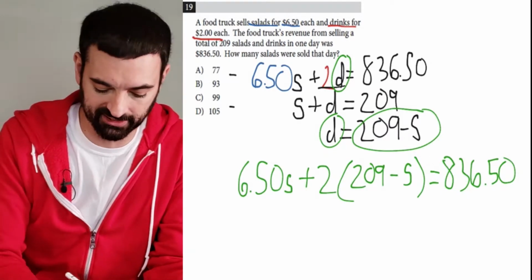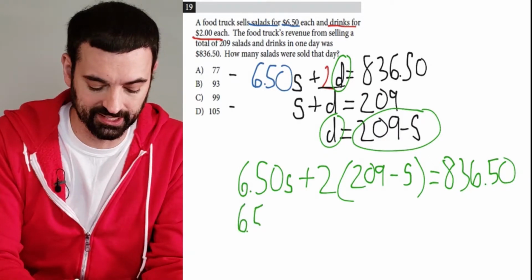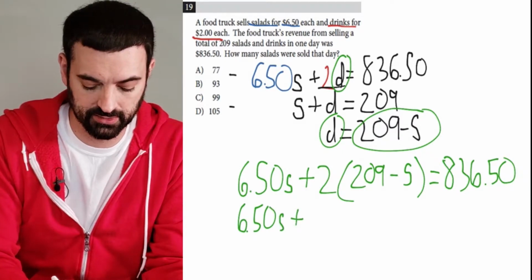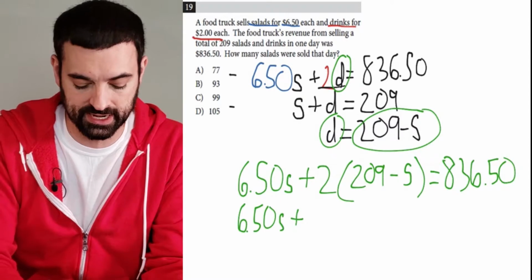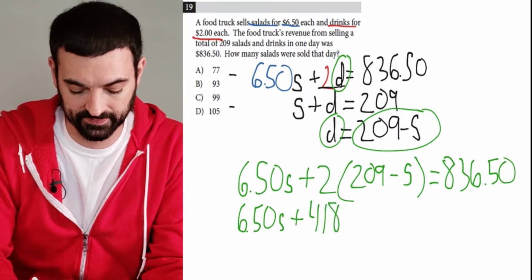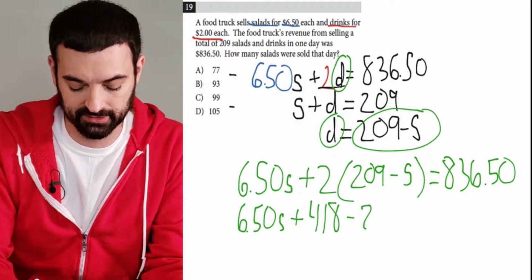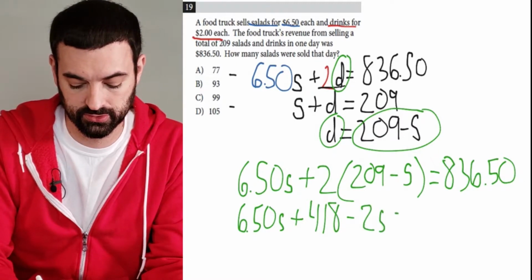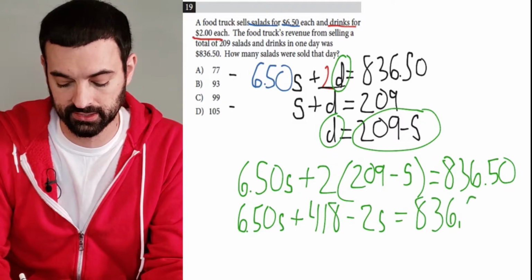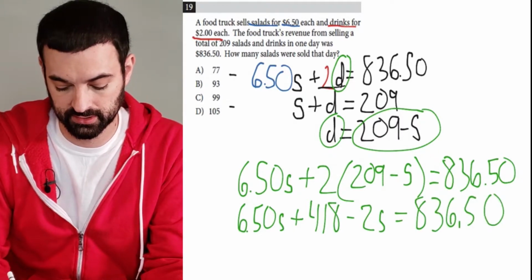I'm solving for S. So this is 6.50S plus 2 times 209 is 418 minus 2S equals 836.5.